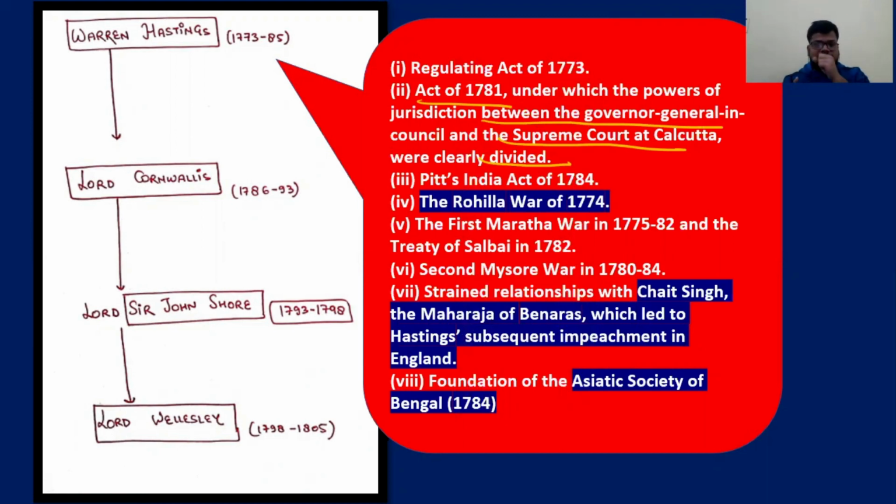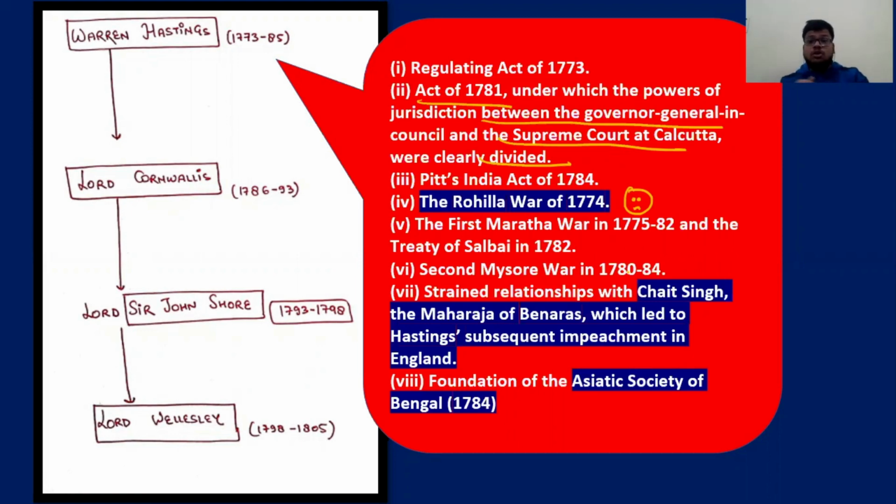Then Pitt's India Act of 1784. Then the Rohilkhand War of 1774, for which Warren Hastings was severely criticized. Then the First Maratha War and the Treaty of Salbai in 1782. We have discussed all of this.